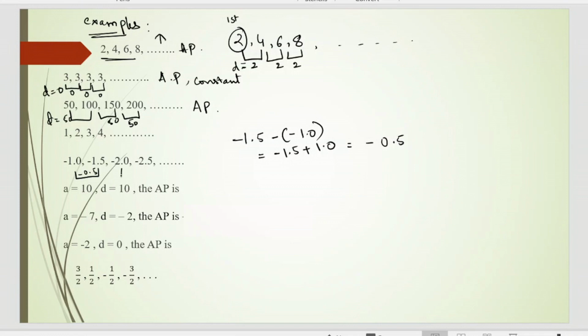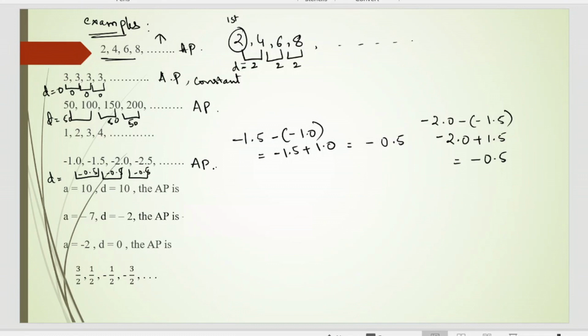And what about minus 2 and minus 1.5? Minus 2.0 minus of minus 1.5, which is minus 2.0 plus 1.5. Here also the common difference is minus 0.5. And for the next one also you will get the common difference as minus 0.5. You can see the common difference is constant, which is minus 0.5. So it is said to be an AP.